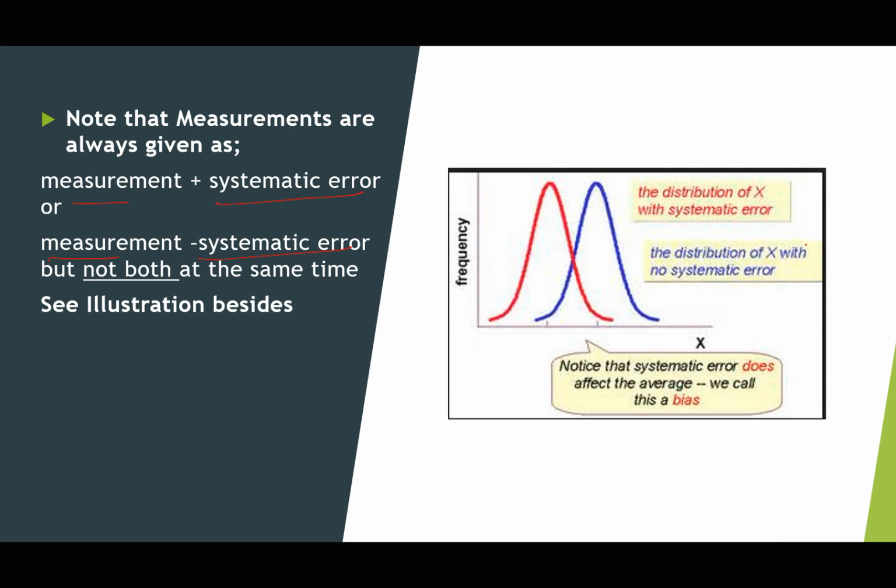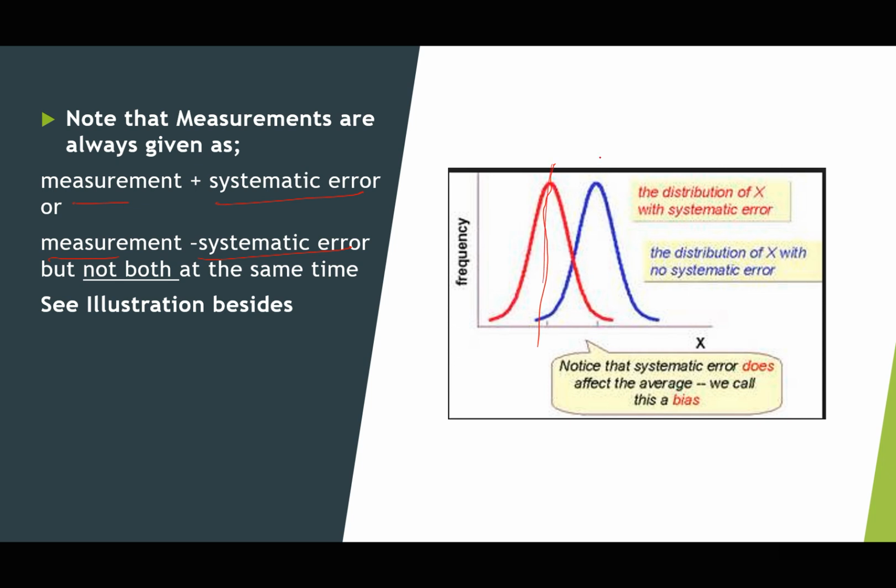So notice that the systematic error does not affect the average. We call this a bias. Still, the average value, as you could see here, in red, this has an error.